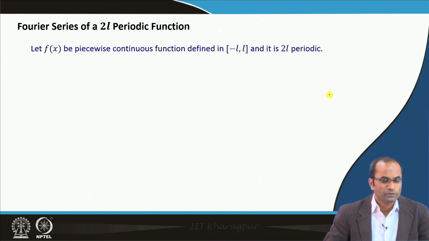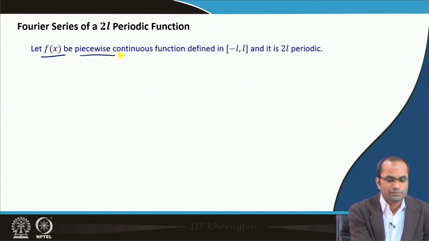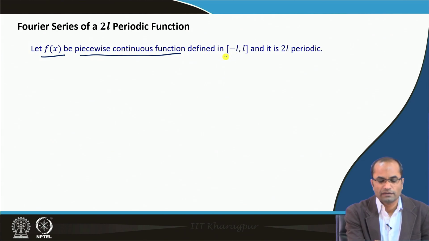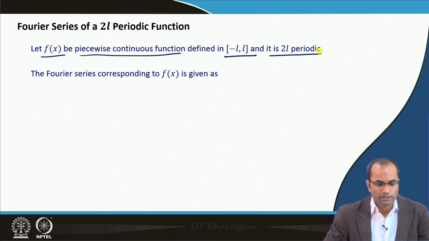So, here for the 2L periodic function, let us suppose this f x is a piecewise continuous function defined in this interval minus L to L or from 0 to 2L, whichever way, and it is 2L periodic.